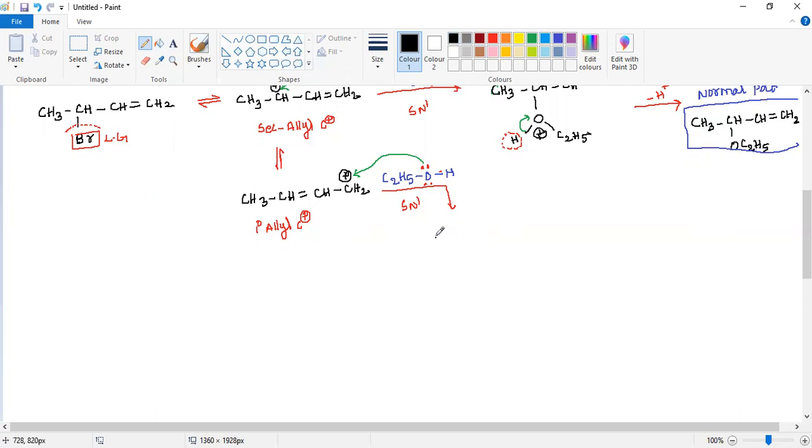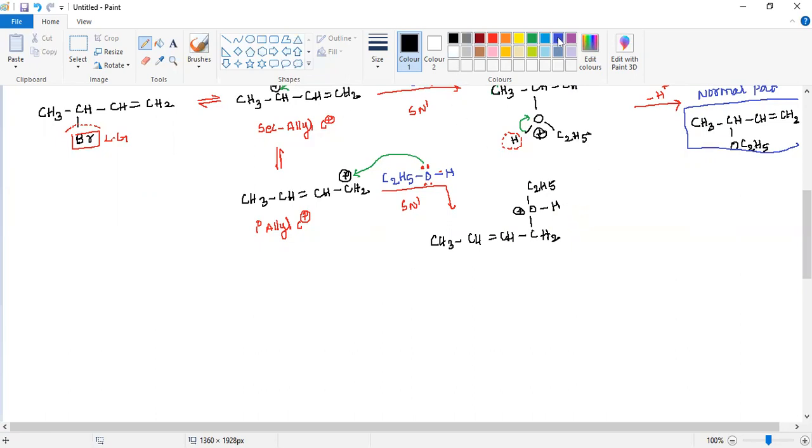Here I am writing CH3 CH double bond CH CH2. This whole nucleophile attacks here. Writing C2H5OH, the oxygen has 3 bonds, so that is why it gets a positive charge, according to the previous method.